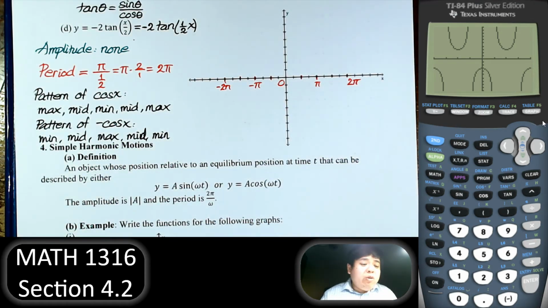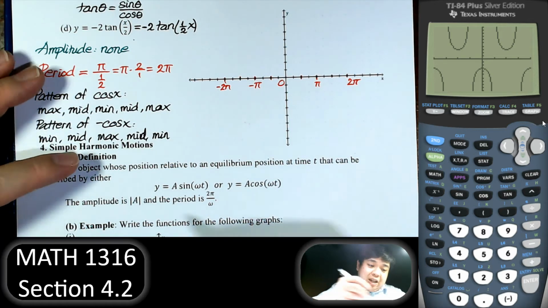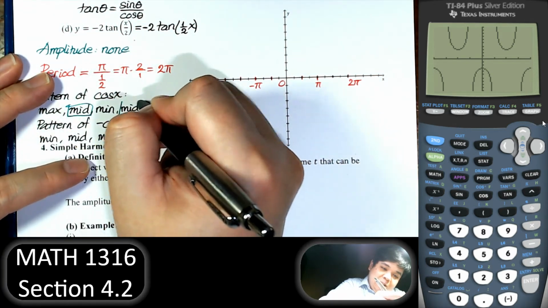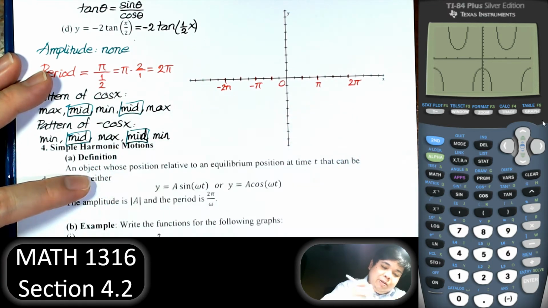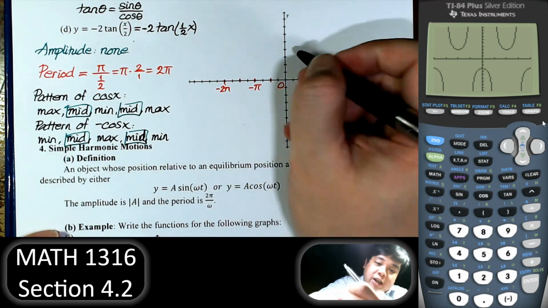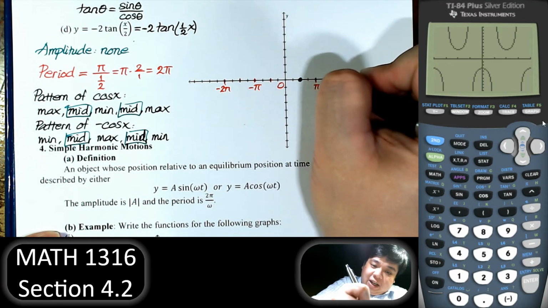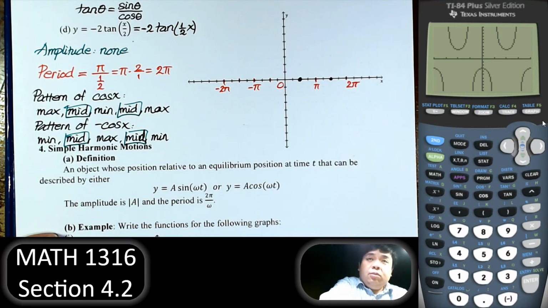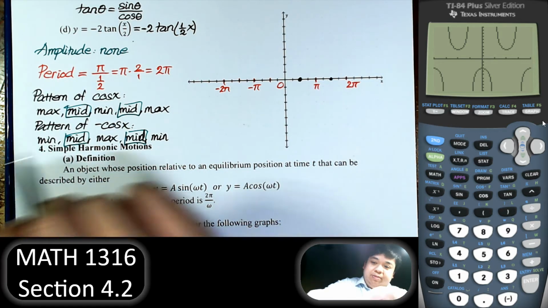What we focus on is wherever this is in the middle. It will be the same whether it's cosine or negative sine. So it will be 0 here and 0 here. That could be wrong.